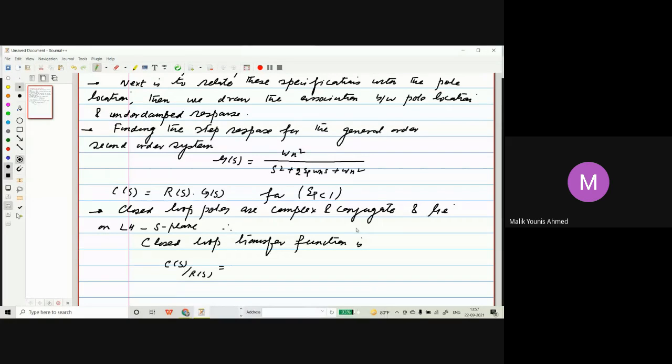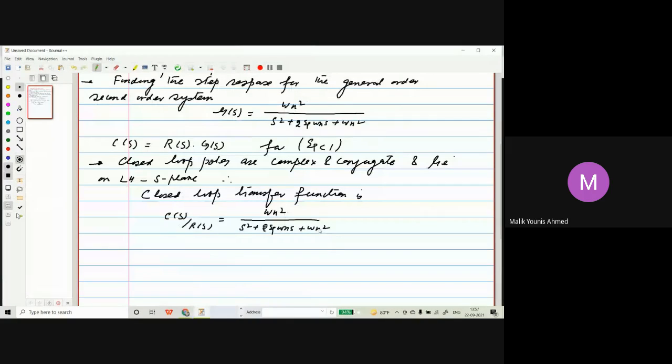C of S by R of S will be equal to omega n square divided by S square plus 2 xi omega n s plus omega n square.